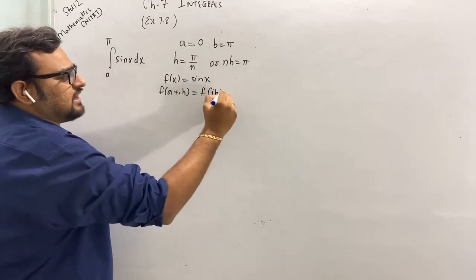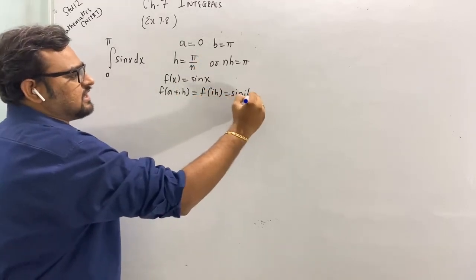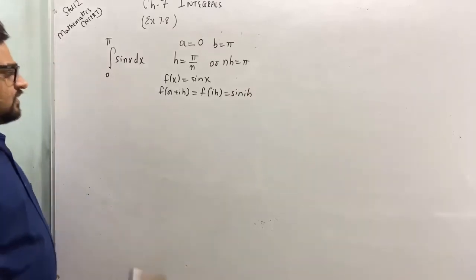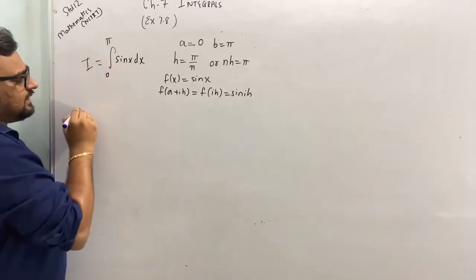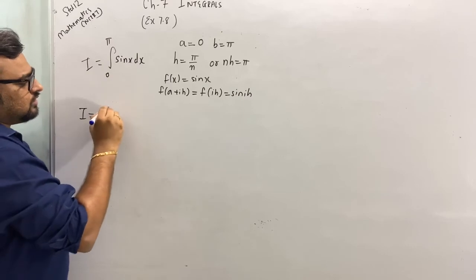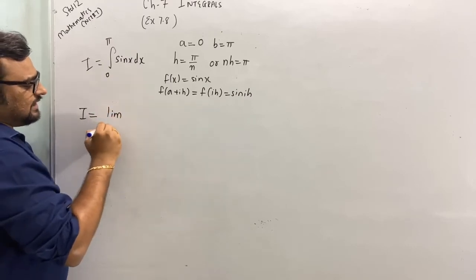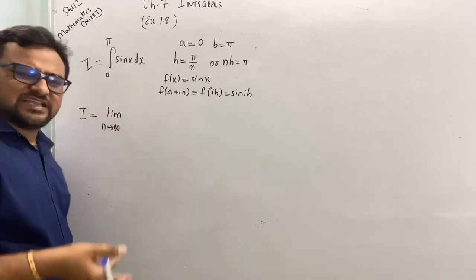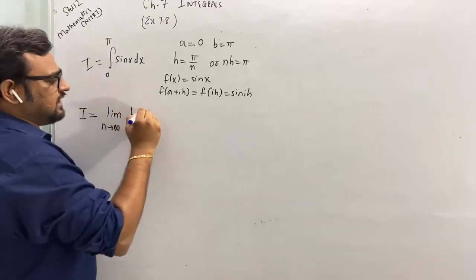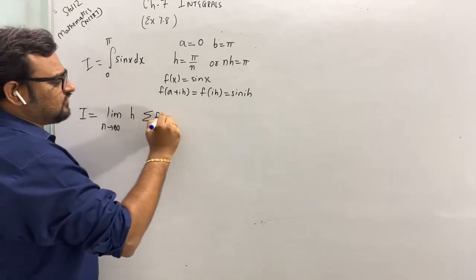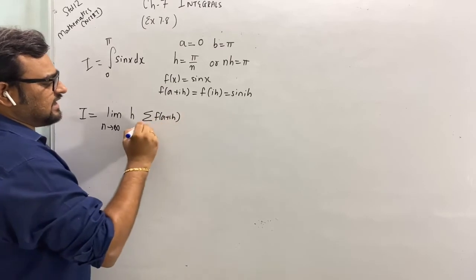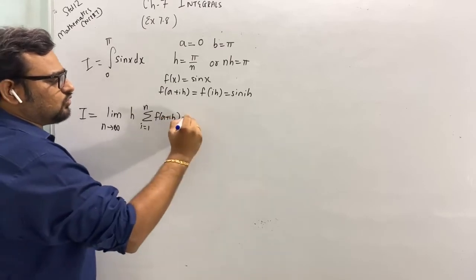So f of ih is sin ih. So our integral will be equal to limit n tends to infinity or h tends to 0, h summation of f of a plus ih, i equal to 1 to n.